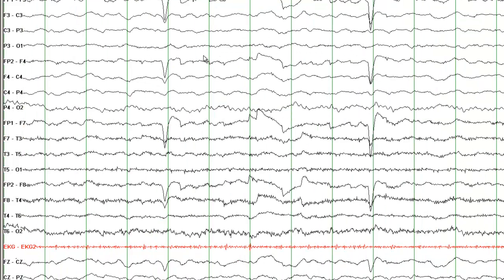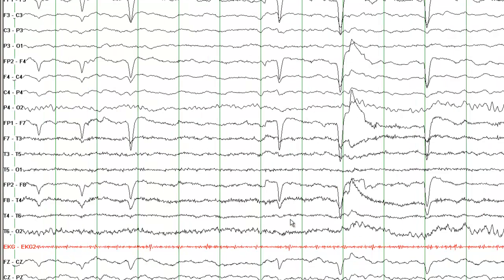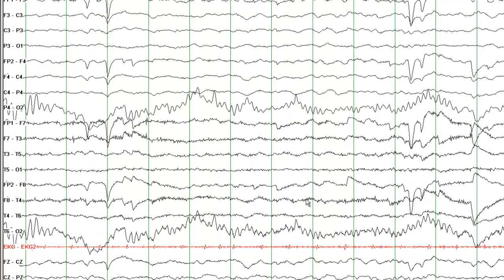What is the dominant frequency in this background? Is there an asymmetry between the left occipital, so P3O1 looking at the left occipital region, and P4O2, the right occipital region? Are you able to see any asymmetry between these two sides? I hope that you're writing your responses.